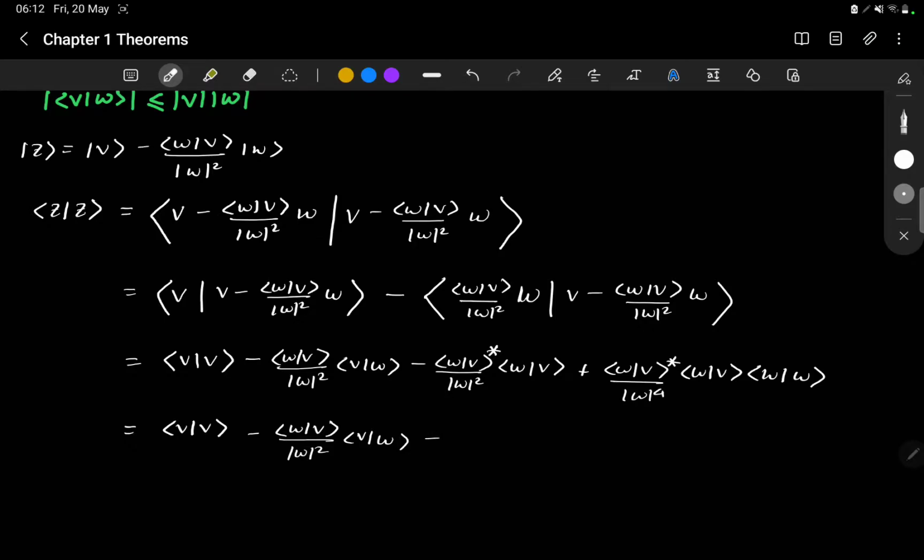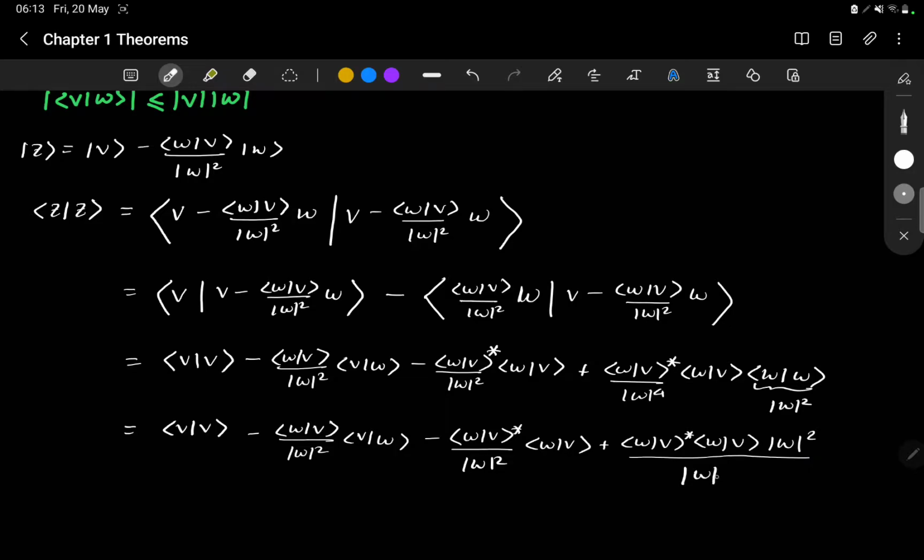So now let us simplify some things. This is nothing but mod w squared by definition. So we have mod w squared, and we have power 4 in the denominator.